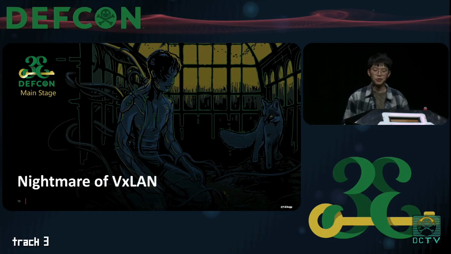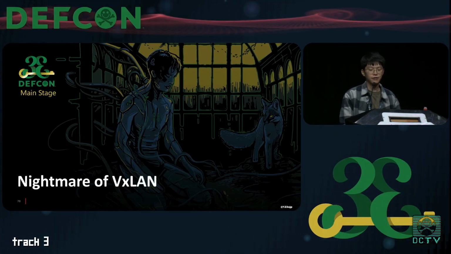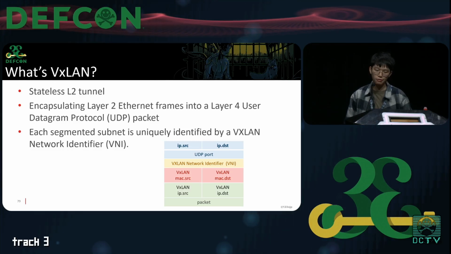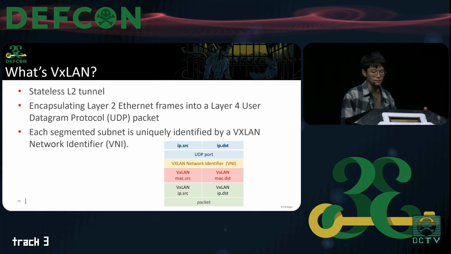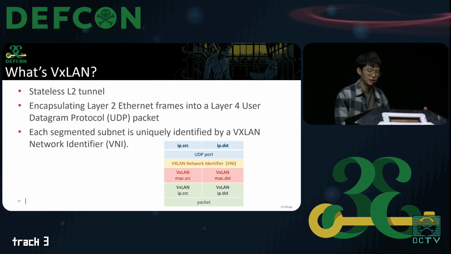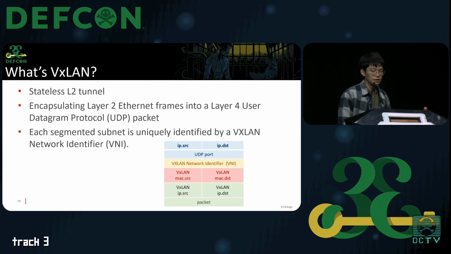So then, we'll reveal a nightmare of default configuration of VXLAN. So what is a VXLAN? VXLAN is a stateless and unencrypted layer 2 tunnel. It packs a layer 2 Ethernet frame into a layer 4 UDP packet.